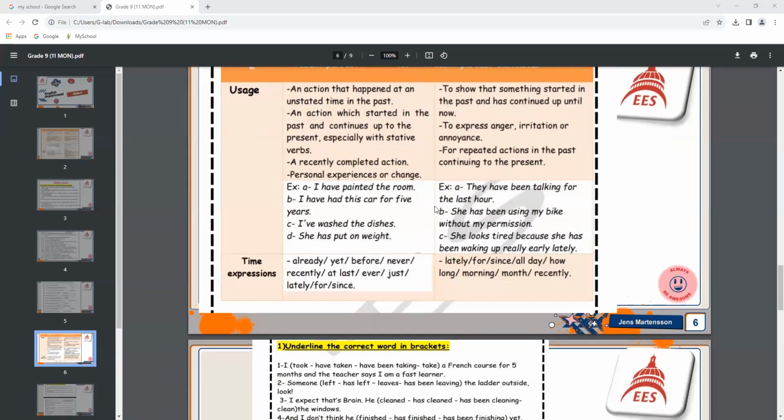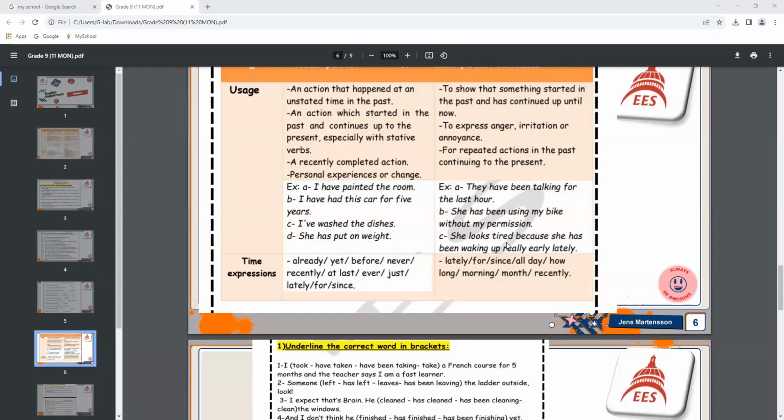Okay. Maybe we can use it for an action that happened in the past, but it has a result in the present. Okay, I can take a look at someone and tell him, you look tired because you have been studying all day. Again, you have been studying all day. Okay, let's take a look at these examples. They have been talking for the last hour.